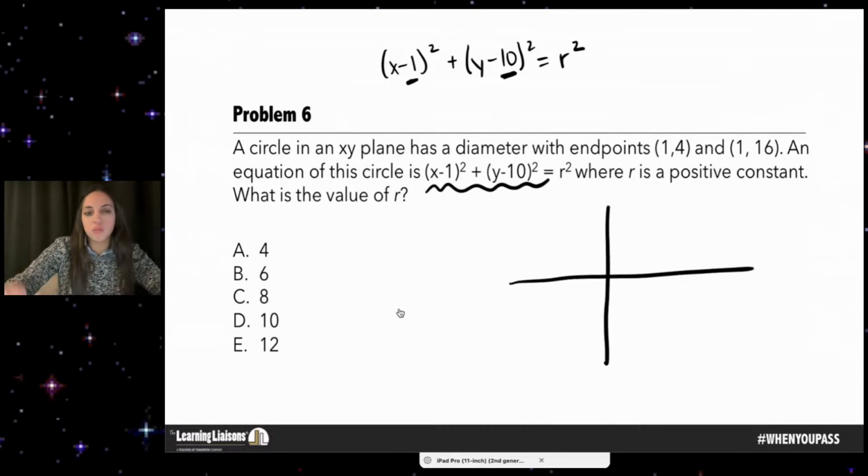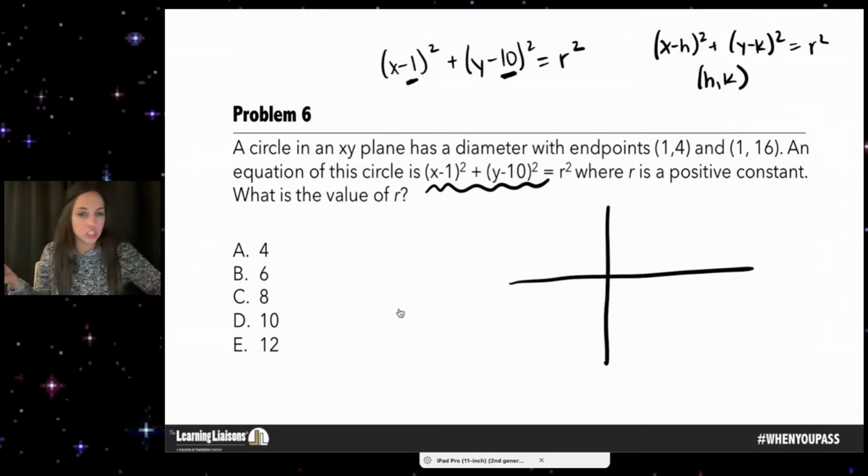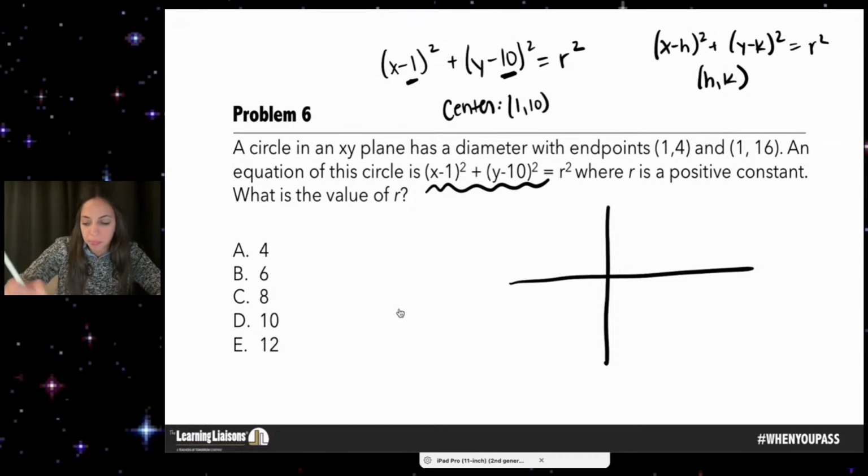So the general equation of the circle is (x minus h) squared plus (y minus k) squared equals r squared, where (h, k) is your center. So the signs are kind of opposite of what you would expect. So the center of this circle is (1, 10), over 1, up 10.